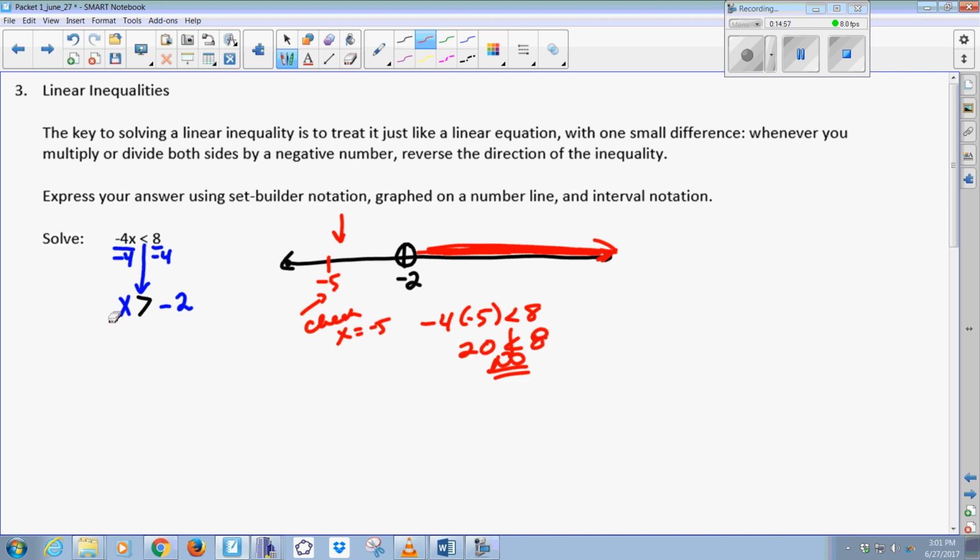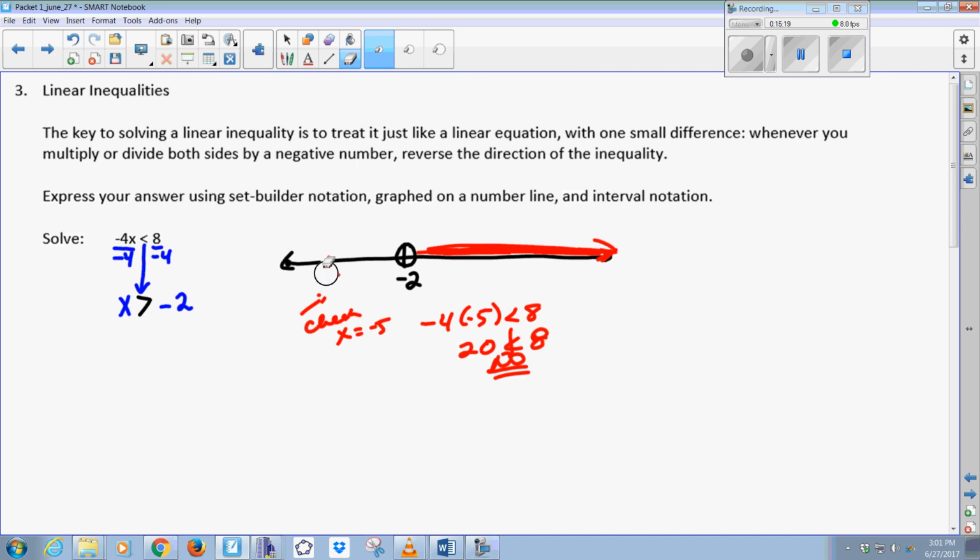Okay, so it's always important that you check your answers to equations and inequalities, particularly when you have these negative numbers that you're multiplying and dividing both sides by, so that if you do forget it, you can always do a real quick check by taking a number from whatever your answer is here and seeing if it works or not.